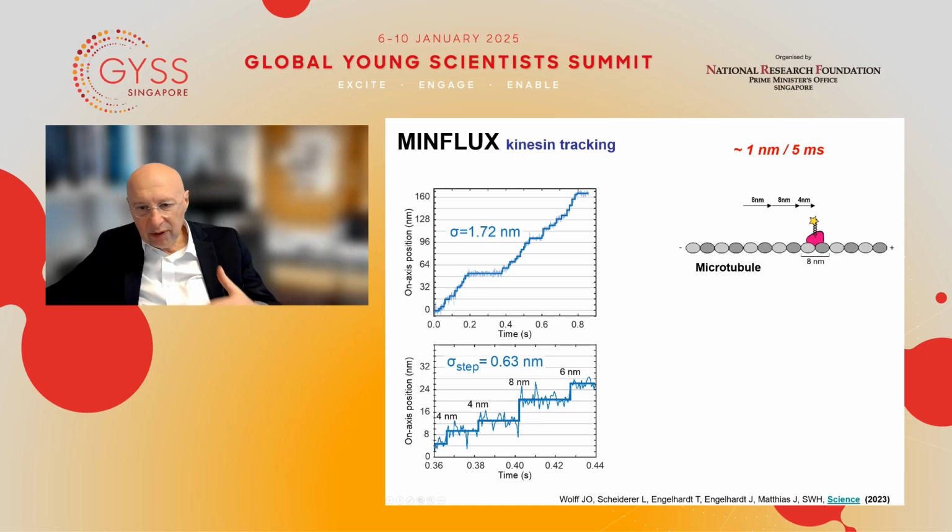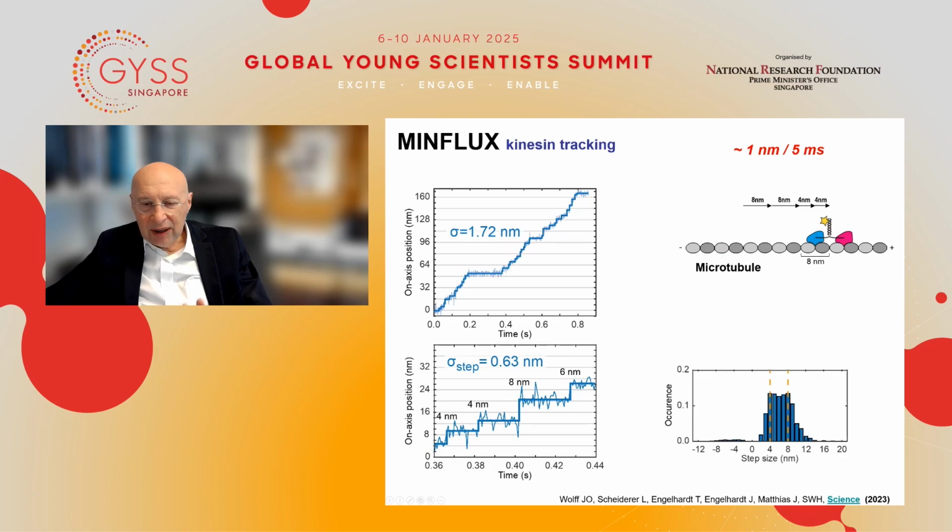That was not possible before, so they had to slow down the motor and so on. I'm not going to go into the depths of the study because you're not interested in the detail. But I'm just going to allude to the fact that, of course, you get new insights.